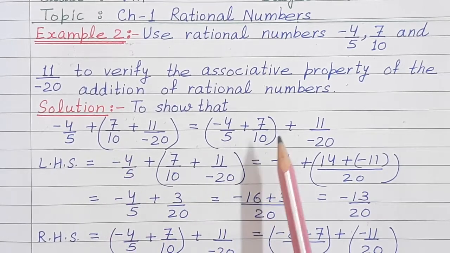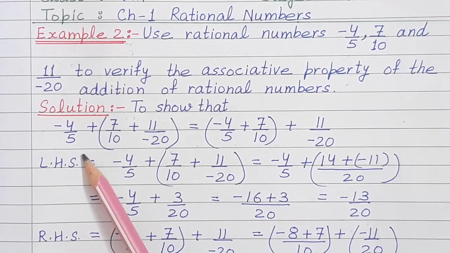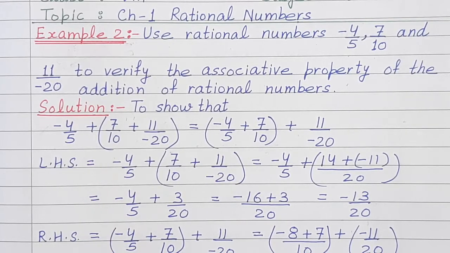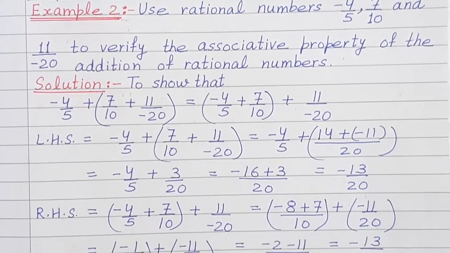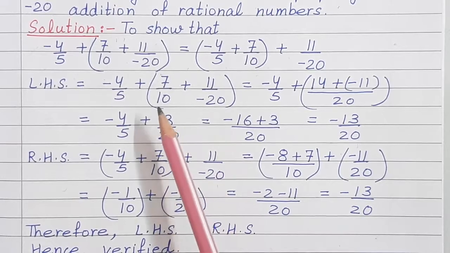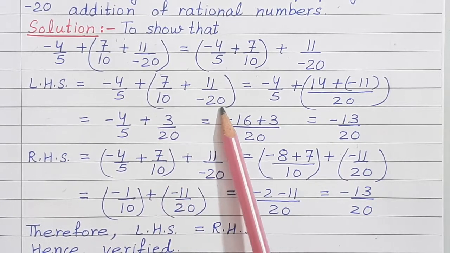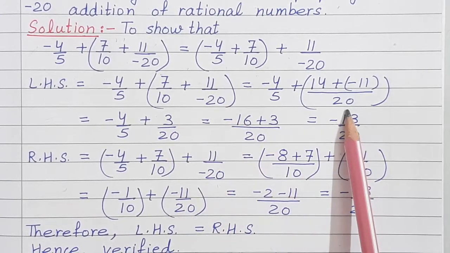So again here it is important to solve the right hand side and left hand side separately. Now let us discuss the left hand side first. Now you can see in the left hand side, after taking the LCM of 10 and 20, it is 20 only.